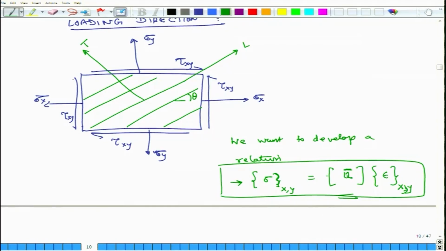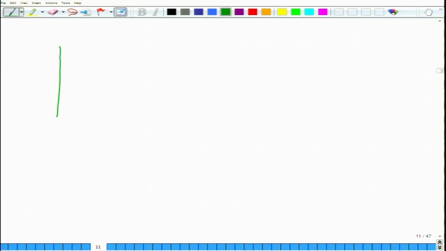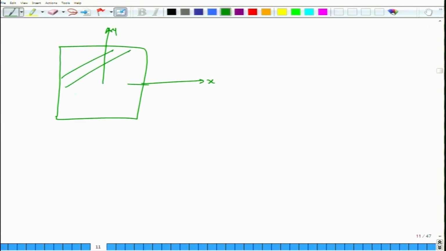So, we know that suppose this is my x direction, this is the y direction, and suppose the fibers are like this, then this is my L direction and this is the T direction, and the angle between L and x axis is theta degrees.